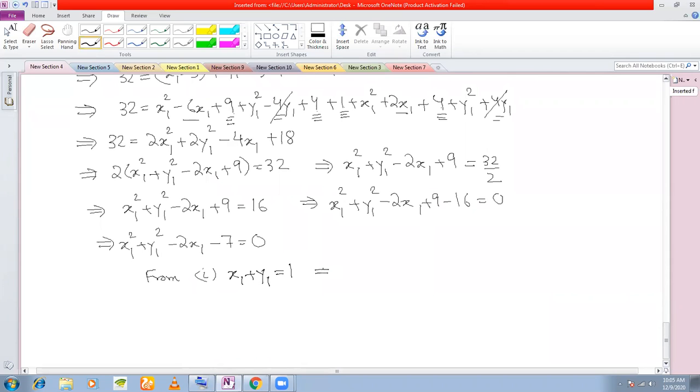So that means here what I can do is I can put y1 is equal to 1 minus x1. So therefore, putting in this x1 square plus, instead of y1, you put (1 minus x1) square minus 2x1 minus 7 is equal to 0.